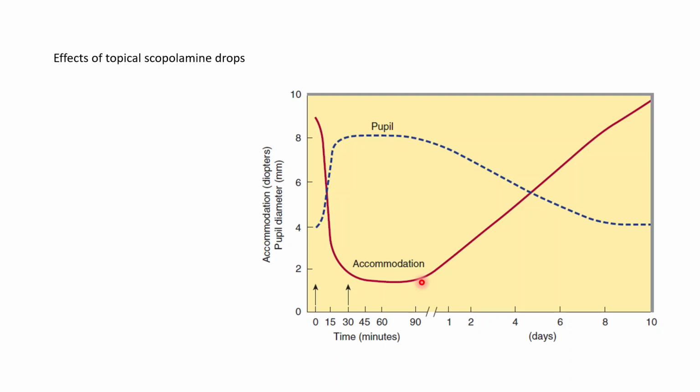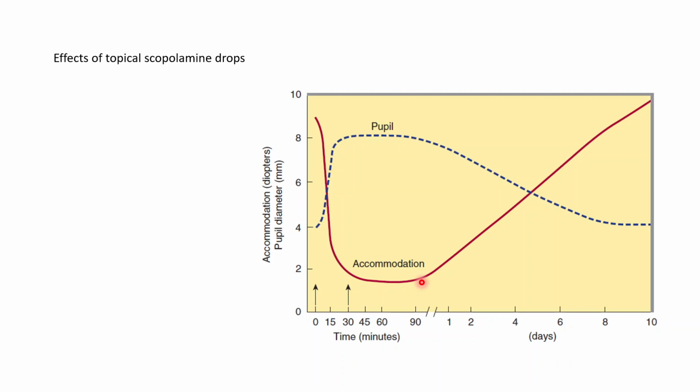So atropine still can be used in ophthalmology, but it can precipitate glaucoma in patients with narrow angle chamber glaucoma, and that is why it should be used with caution.